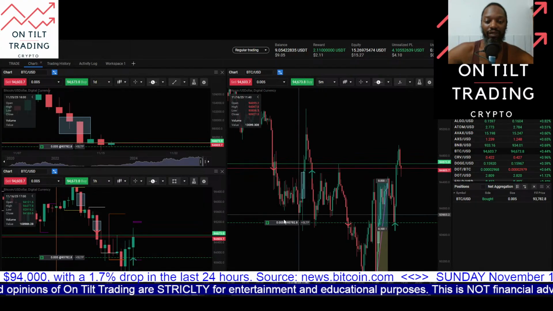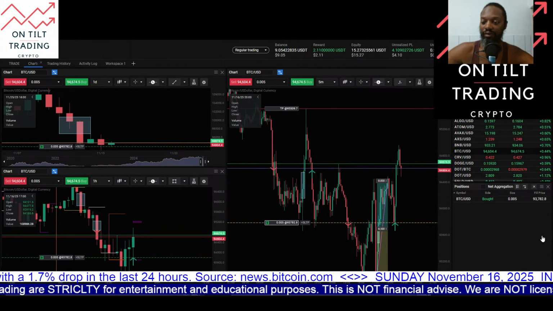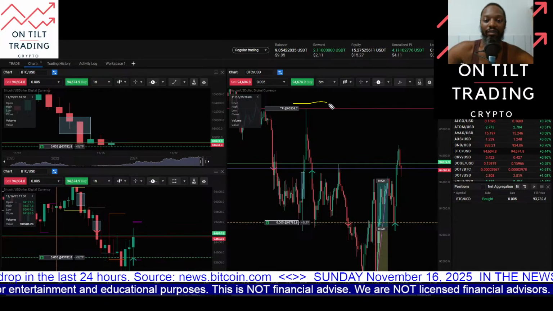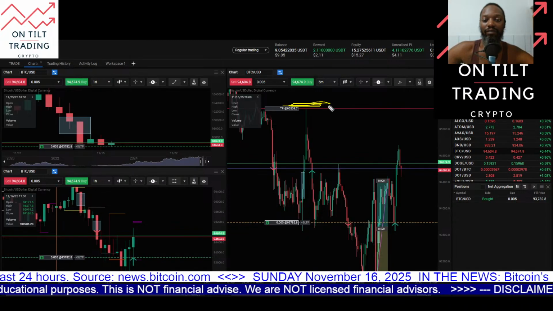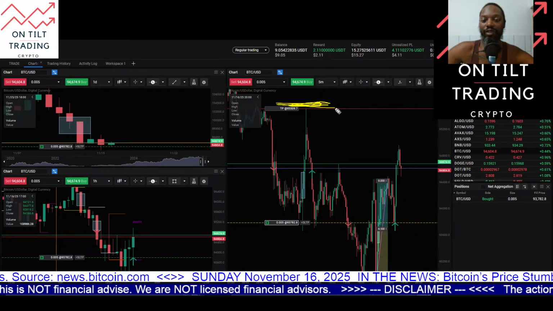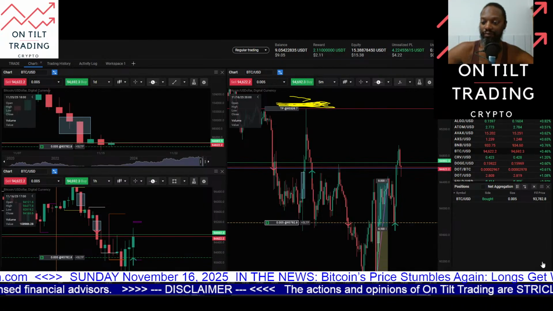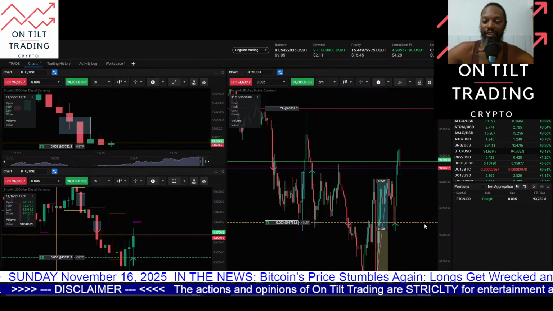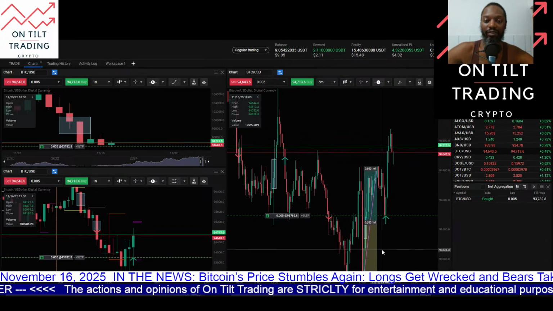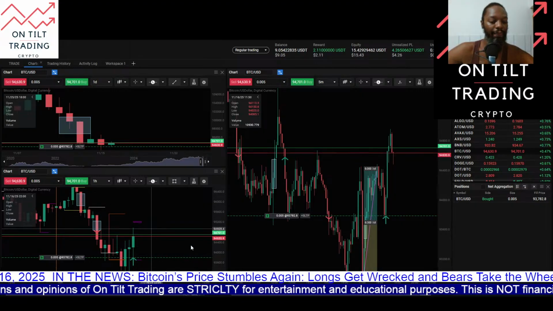Then here on the 5-minute, this is the level where the buy side liquidity that I'm targeting is resting. So we'll see if price continues to deliver here to the buy side onto target.